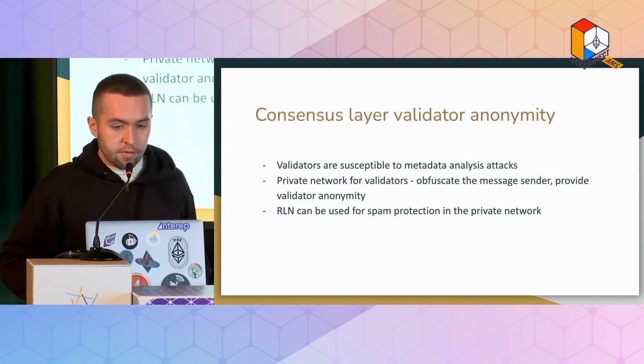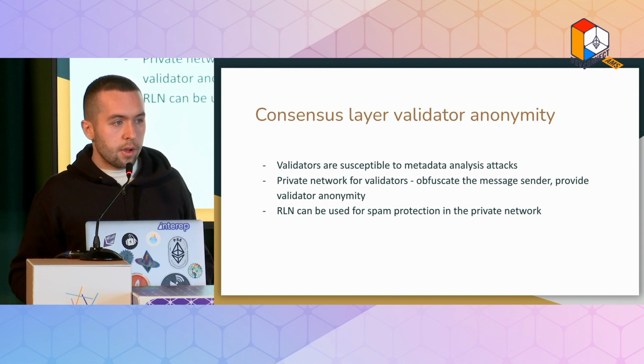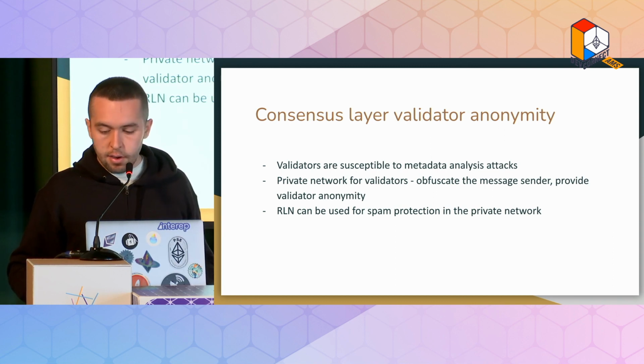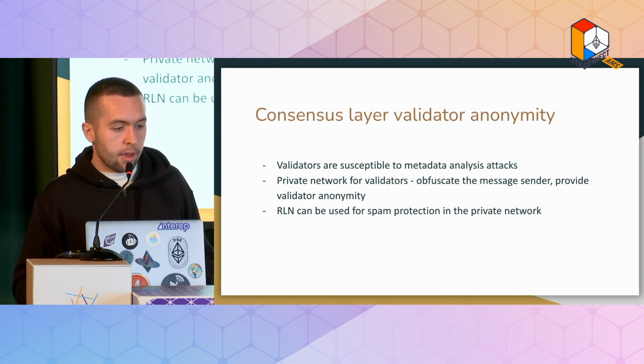Maybe not an impact for the large staking providers, where they manage advanced networking setups, but for small validators this can be problematic and can lead to centralization in the future.